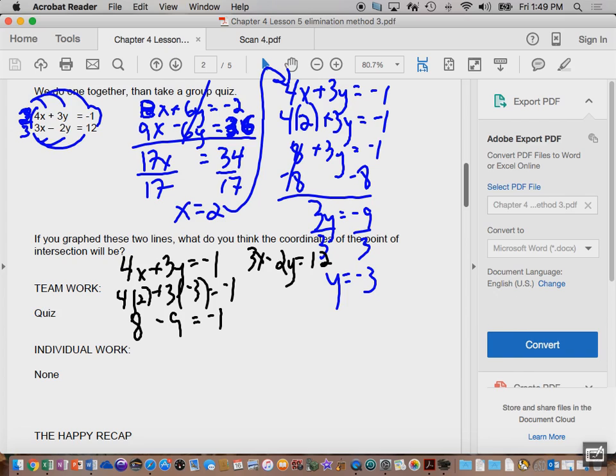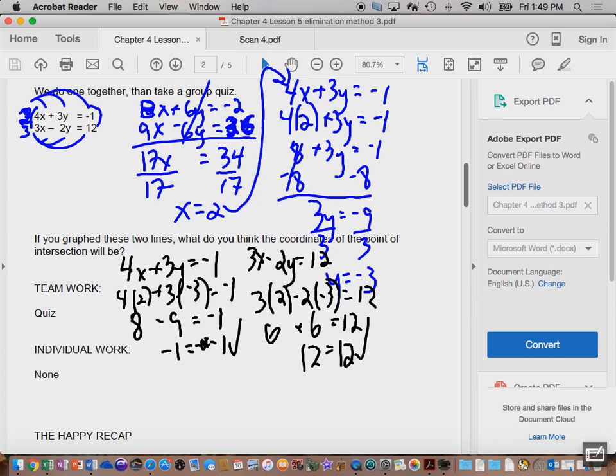And 8 minus 9 is -1, so -1 is -1, check. Over here, 3 times 2 minus 2 times -3 equals 12. What's 3 times 2? 6. What's -2 times -3? 6. So 6 plus 6 is 12, yes it is. 12 equals 12, check.